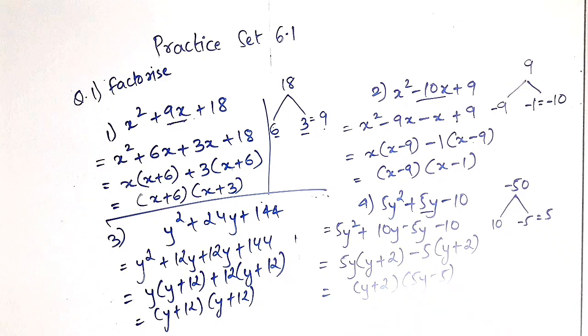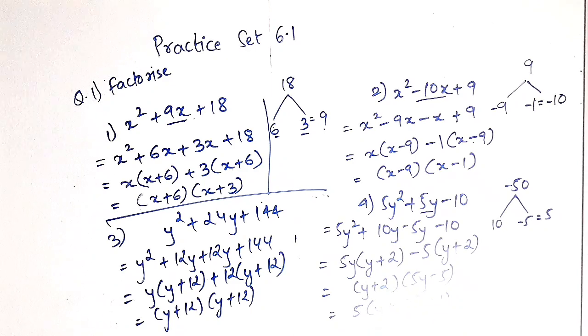If you observe carefully the last step, it is 5y minus 5. So this 5 I can take common, so 5 I am taking common. This will be only y minus 1. 5 I have taken outside.